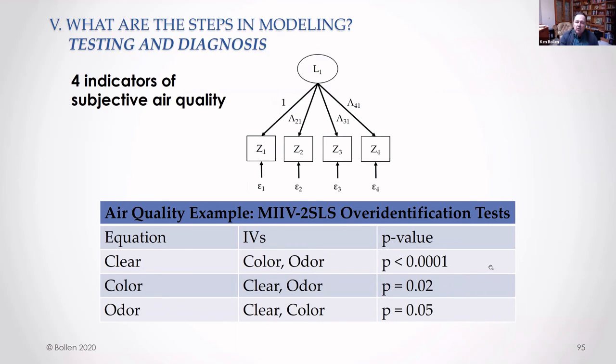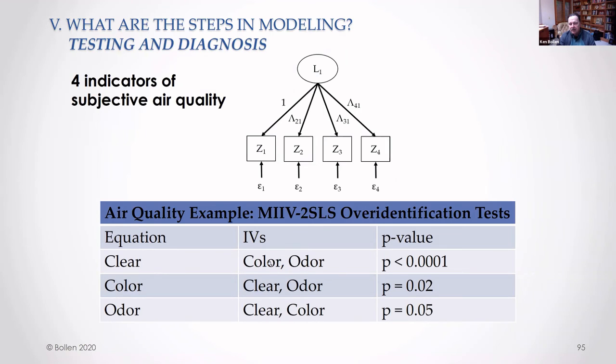Now we said there's another way of testing this with the MIIV two-stage least squares. For this same example, I've done this Sargan test, and this is kind of interesting. You can see the clarity equation fails quite easily at 0.0001. So this is telling us there's a problem with these two instruments, color and odor.